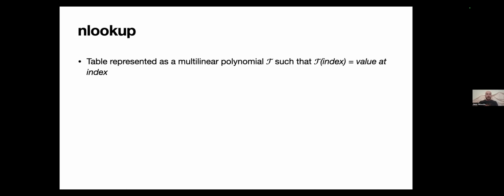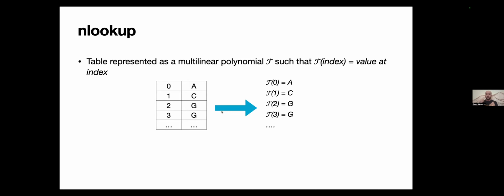So we use a particular lookup argument called nlookup. It was designed specifically for recursive proof systems. The way nlookup works is we have some table, and we represent our table as a multilinear polynomial t, such that t evaluated at a particular index produces the value in the table at that index.